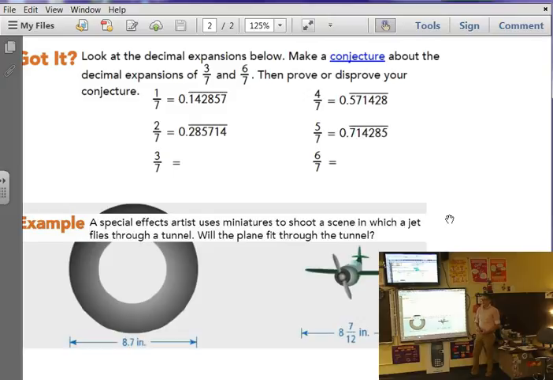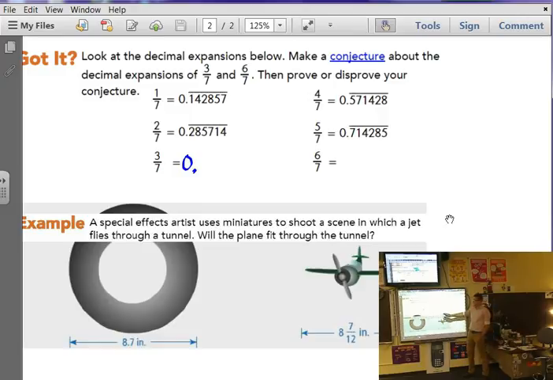Sean, you said you see it? Without telling me what it is, without using a calculator, what do you think 3/7 is going to be? 3/7 gets weird.